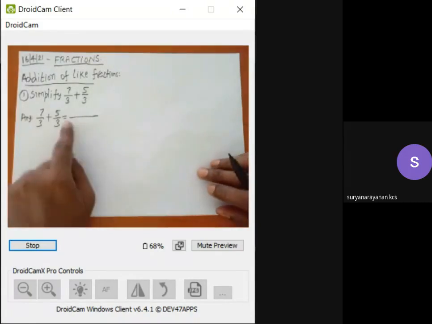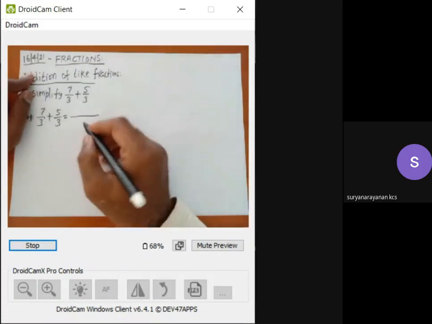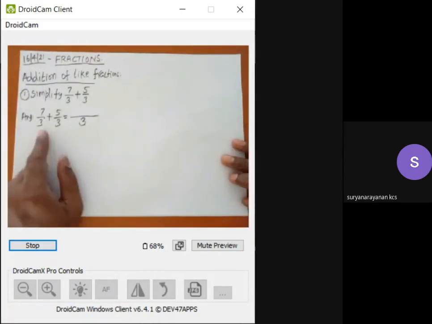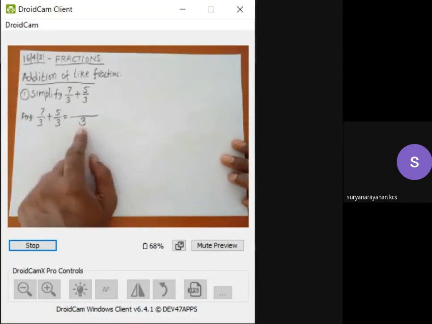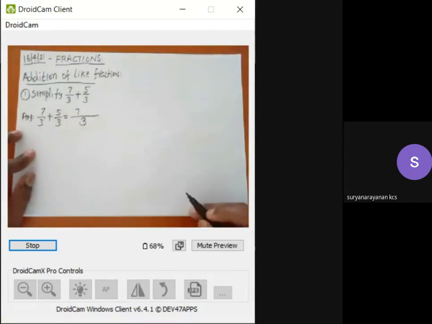Simply, first we draw a line, and in the denominator part, we write the denominator as it is. Whatever the denominators are there, here 3 is there in this case. Yes or no? 3 is a denominator, here also 3 is a denominator. So we write the denominator as it is. And come to the numerator. In the numerator, we write the first numerator as it is.